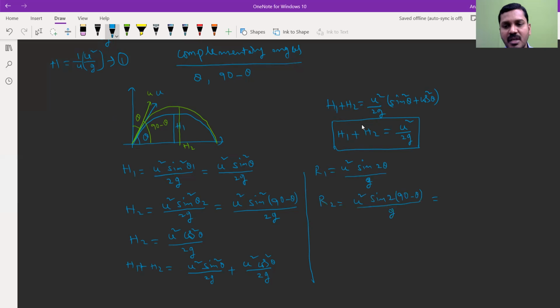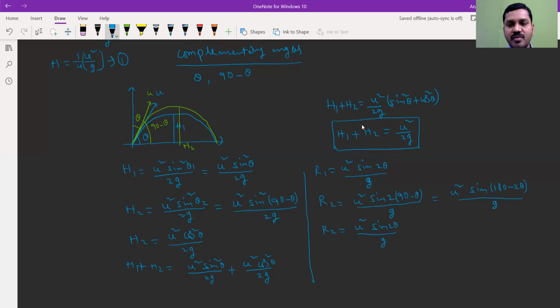Multiplying with 2 here, it is u square sine (2 into 90, 180) minus 2 theta divided by g. So then range of projectile R2 is equal to u square. But we know sine (180 minus theta) is sine theta only. So here sine (180 minus 2 theta) is sine 2 theta. Then this is u square sine 2 theta divided by g.